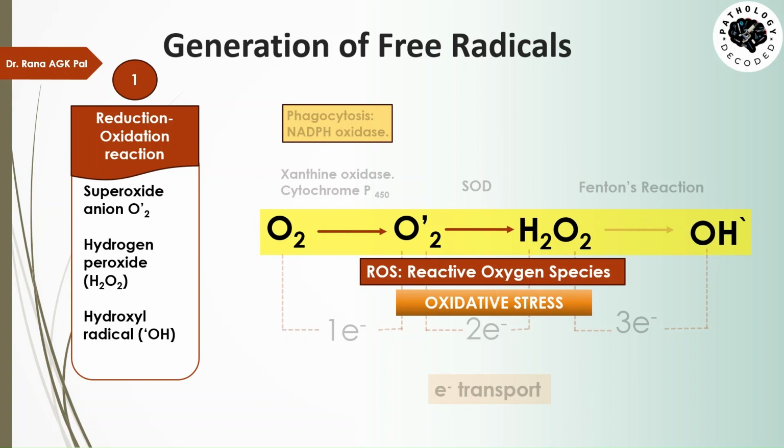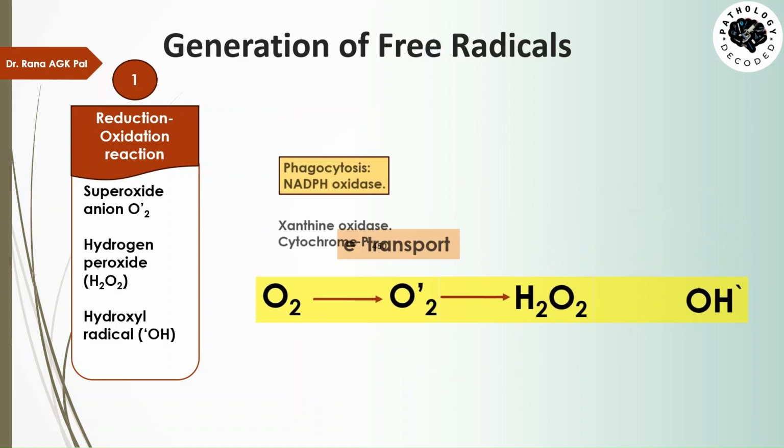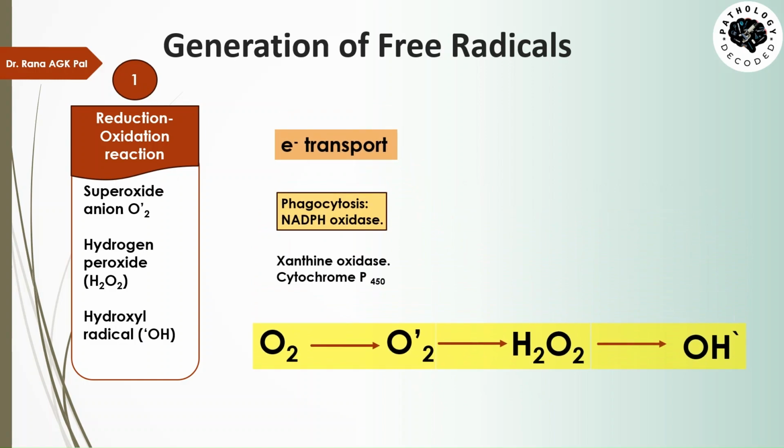So production of excess free radicals, particularly these oxygen species, superoxide, etc., occurs at the time of oxidative stress. Now, why are these free radicals generated and what is their role? They are not harmful. The body generates them for certain mechanisms which are beneficial. For example, in the electron transport chain, free radical generation leads to energy production by the mitochondria.